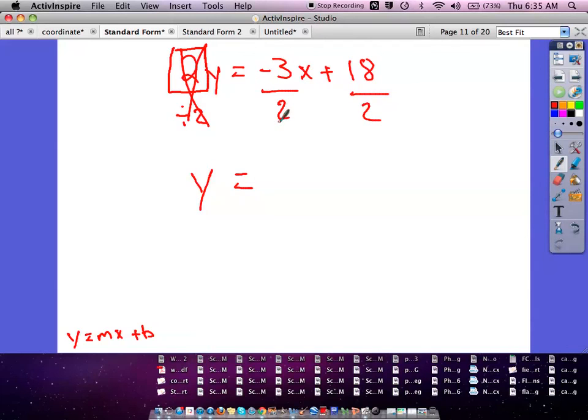Negative 3 divided by 2. And since that's the slope, let's just keep it the same. Negative 3 over 2. Because that's easy to work with. We need 2 numbers for the slope anyway, so we'll just keep it like that. And then we'll do plus 18 divided by 2 is 9. So now we have all the parts we need. Y equals, here's your slope, here's your y-intercept.